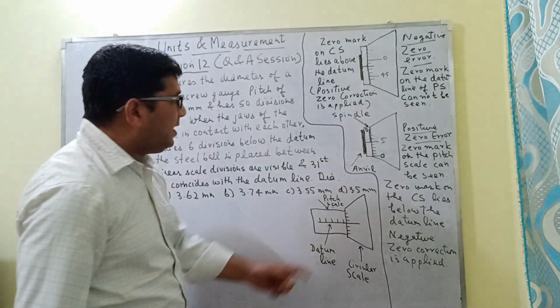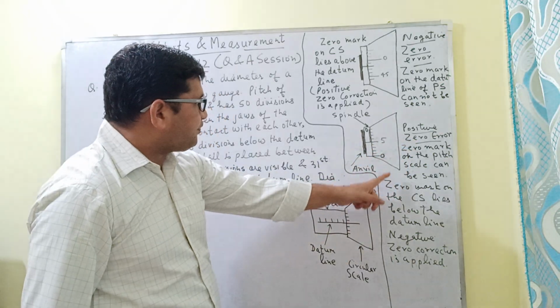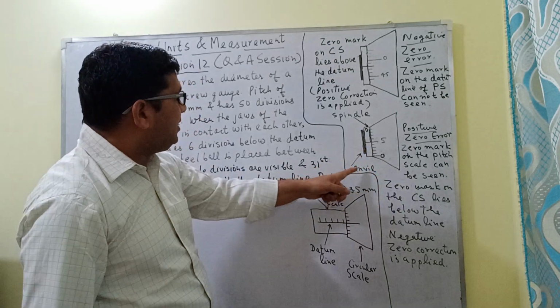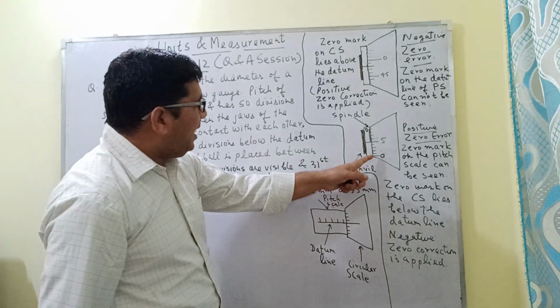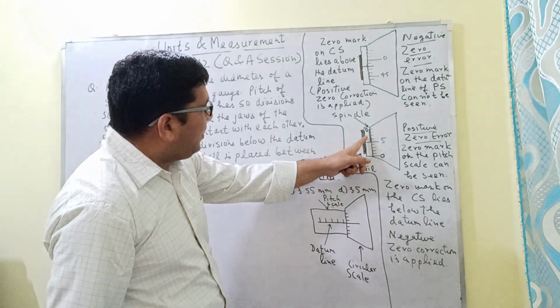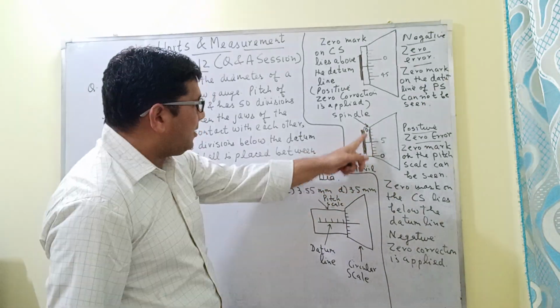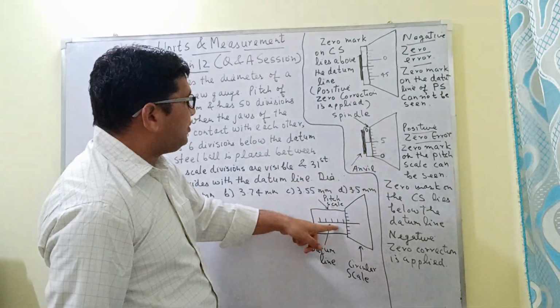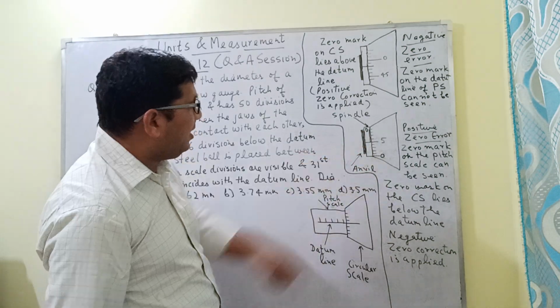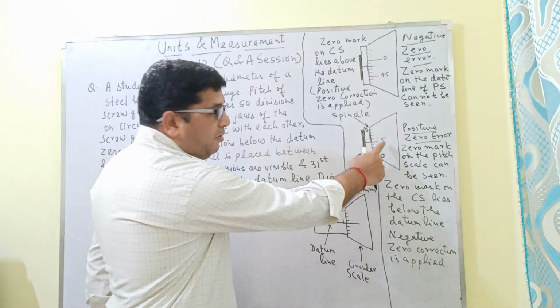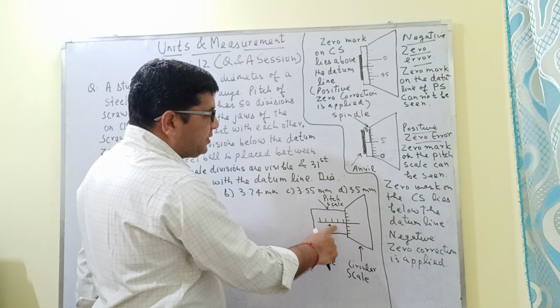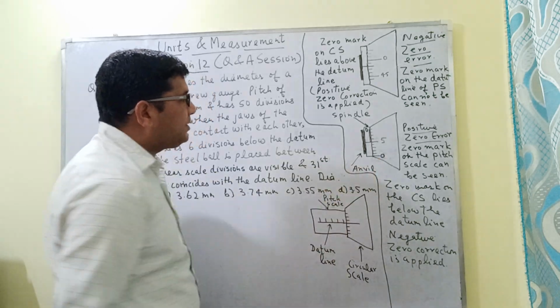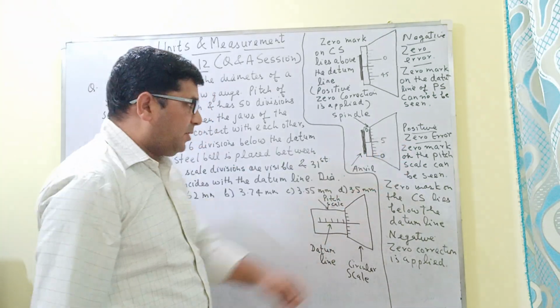That is, when the anvil and the spindle are brought in contact with each other, and when the zero mark on the datum line of this pitch scale is visible, and when the zero mark of this circular scale is below the datum line of this pitch scale, then in that case we get a positive zero error.